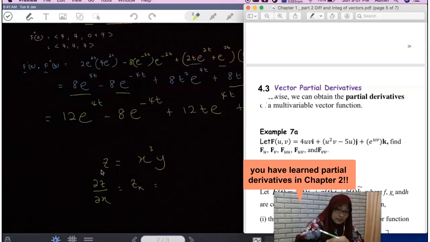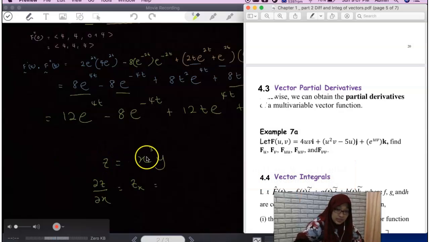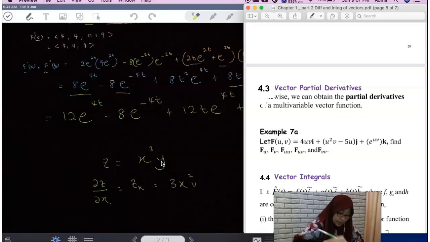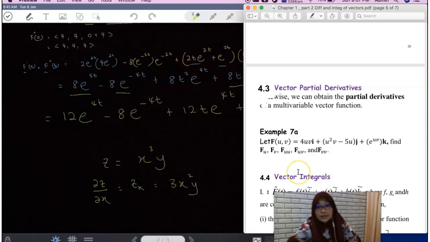So what's the answer? You just differentiate with respect to x, and y is just fixed. So now we get 3x squared y.